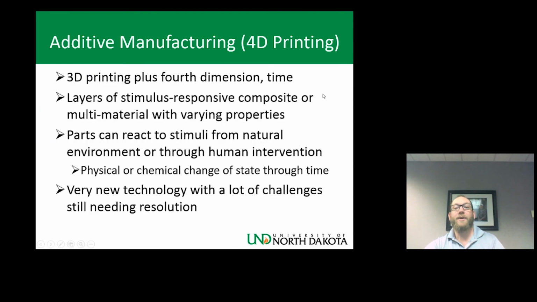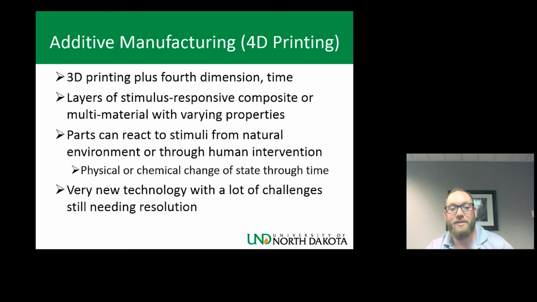One really new area of manufacturing is what they refer to as 4D printing. It's 3D printing plus the fourth dimension, which is time. MIT is looking at this, and there's not a lot of information out there yet, but they did say that layers of stimulus-responsive composite or multi-material with varying properties can be accomplished by 4D printing.